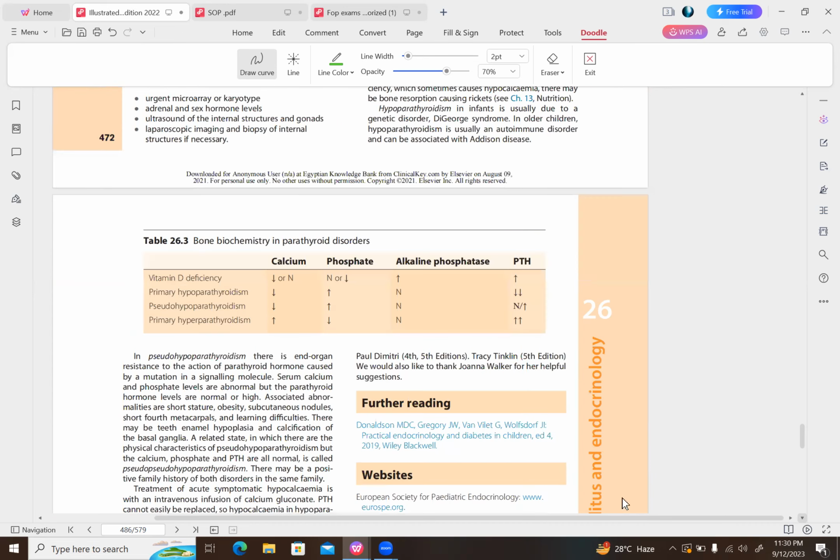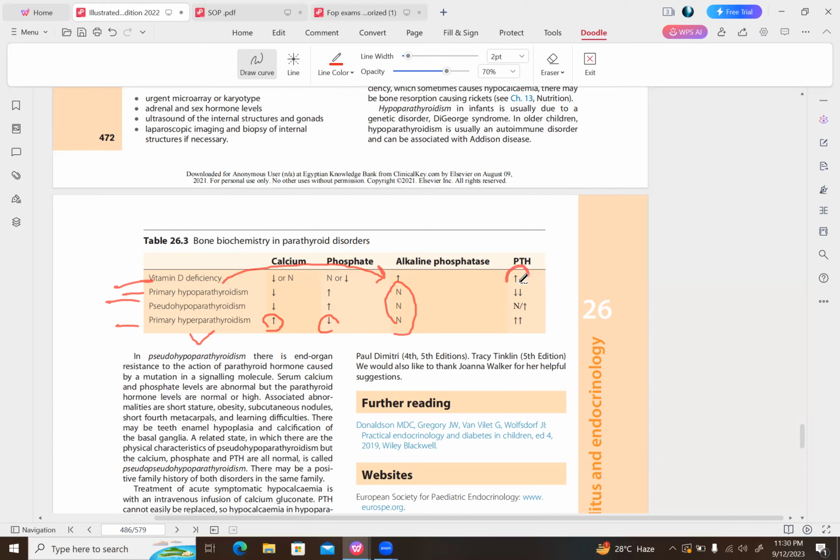Yes, here it is, this table. I like this table so much. You will like it too. Just see what happens in vitamin D deficiency, primary hypoparathyroidism, pseudohypoparathyroidism, and primary hyperparathyroidism. Only one condition where calcium is increased is primary hyperparathyroidism. Here phosphate is decreased. Alkaline phosphatase is always normal except for vitamin D deficiency.